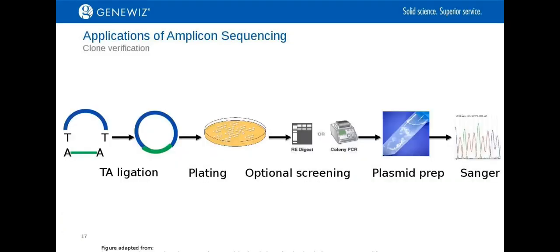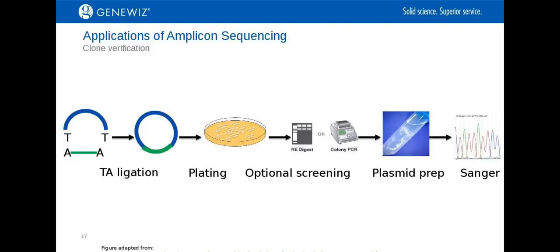So one way around these types of situations is to use a method shown here on the screen. This would involve looking at heterogeneous clones with Sanger sequencing in a method called TA cloning. This method relies on polymerase during a PCR reaction, amplifying the target locus, adding A tails to the product.